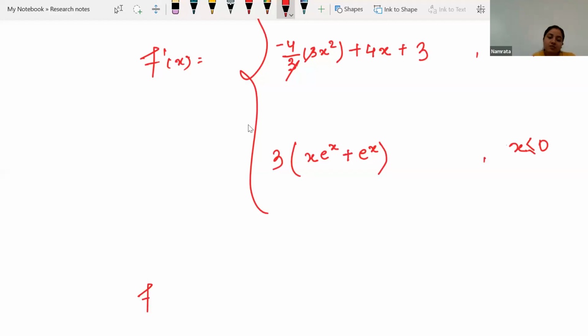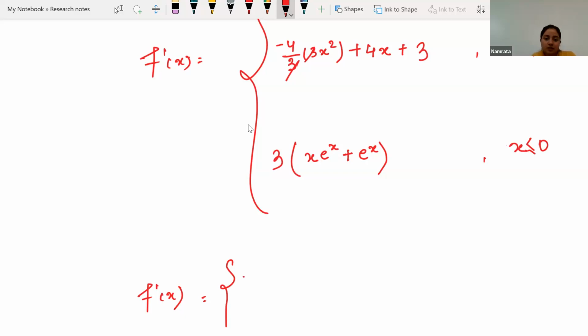So f dash x will be minus 4x square plus 4x plus 3, for x greater than 0. If we try to split the middle term, as it is a quadratic expression, 4 times 3 is 12, 6 times 2 is 12.